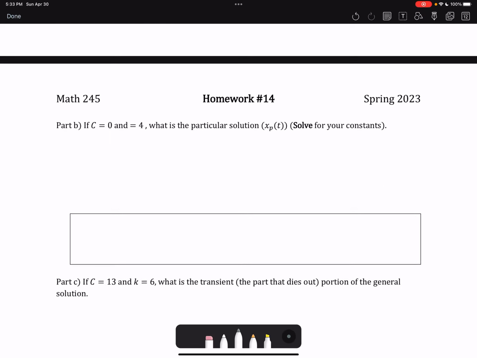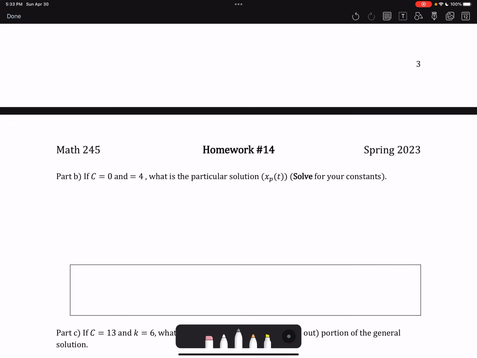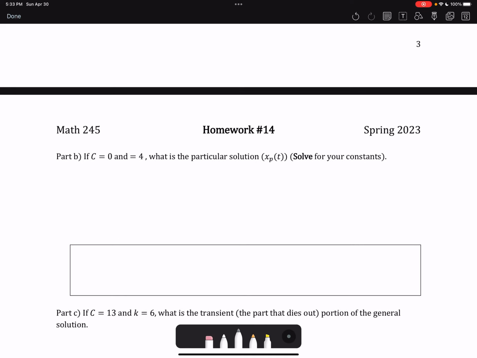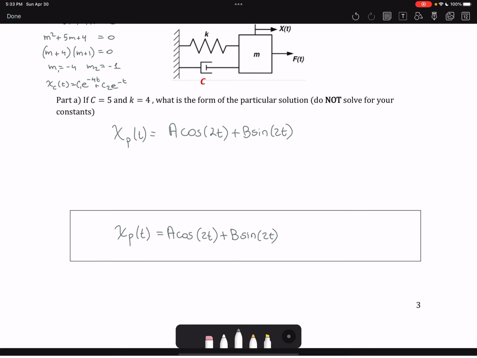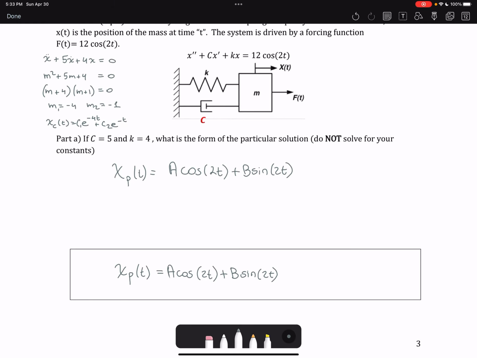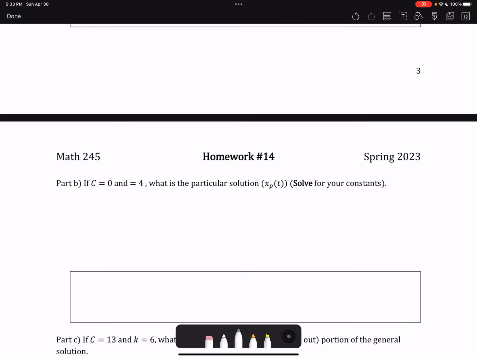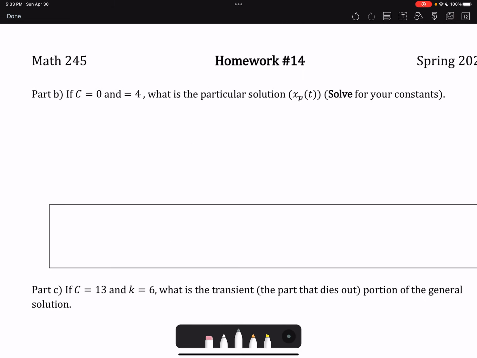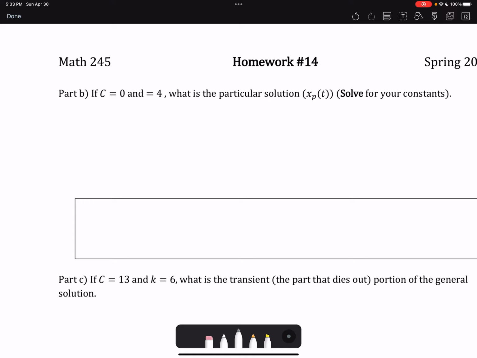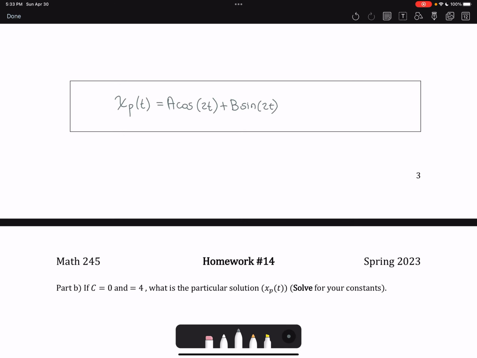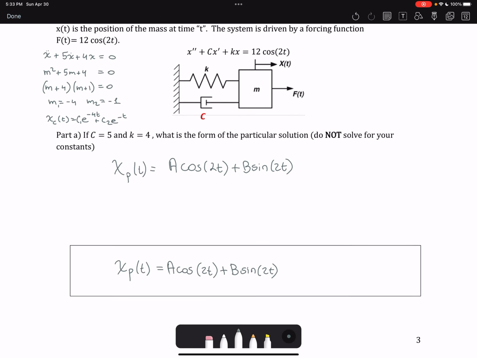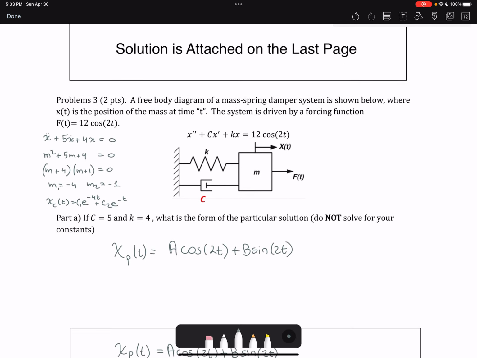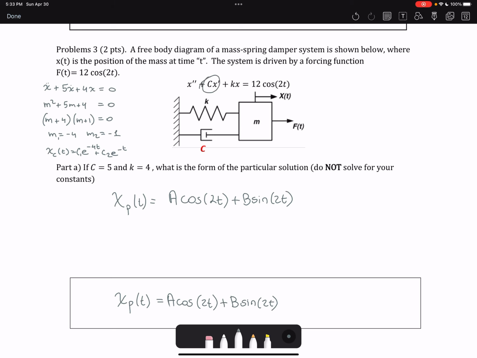Okay, now what is the particular solution? Solve for your constants, for c equal to 0 and c equal to 4. Well, let's see, in this case we want to solve with c equal to 0 and c equal to 4. So if c is 0, we're not going to have this term over here.